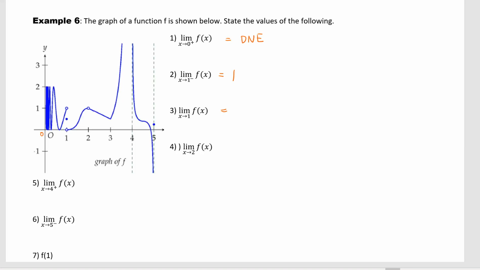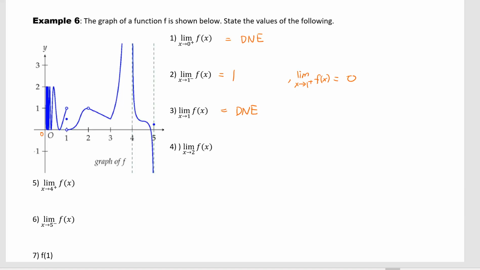So how about x goes to 1? Well, that is the two-sided limit. We know the left-side limit. How about the right-side limit? Well, the right-side limit, we look at this piece, right? My y is getting close to 0. Do they agree? No. So this does not exist.